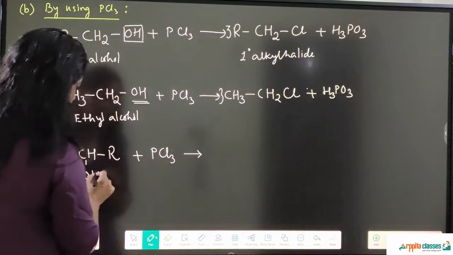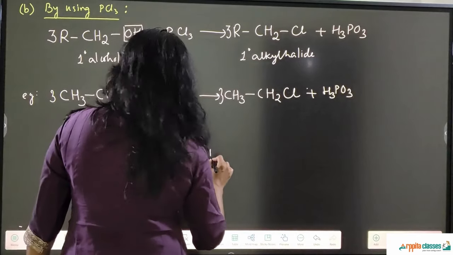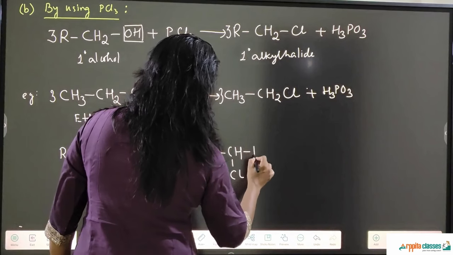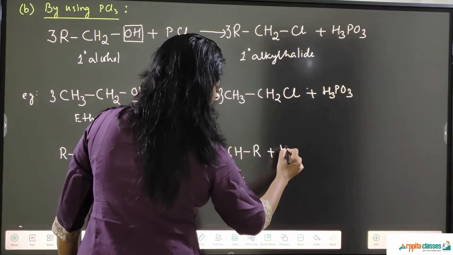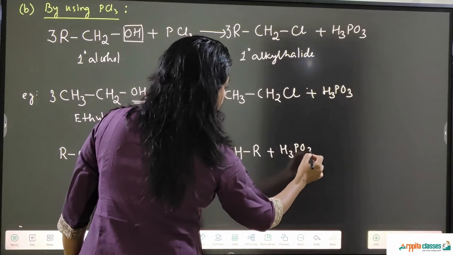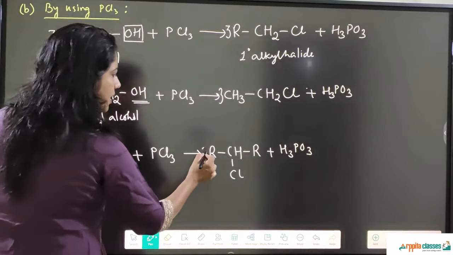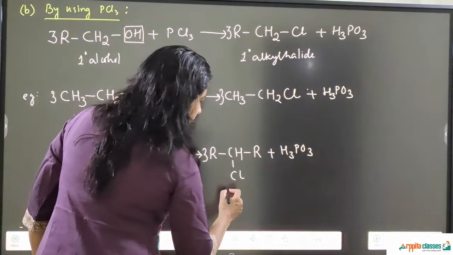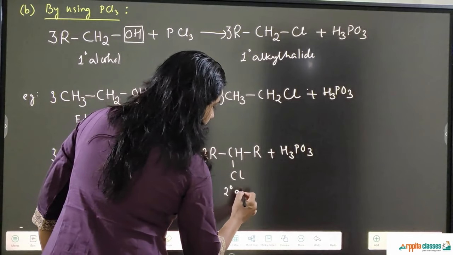Wherever the OH is, you have to substitute it by Cl. So it will be RCHClR plus H3PO3. Again the same thing: this will be 3, this will be 3, and H3PO3 is a byproduct. This is a secondary alkyl halide.